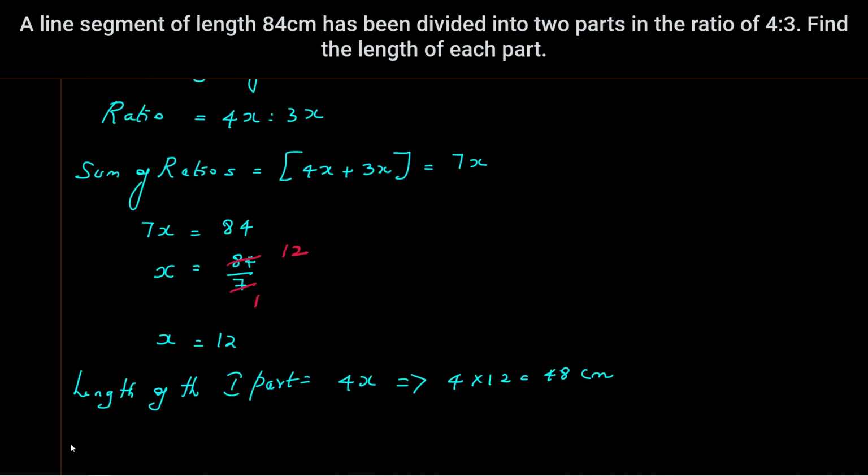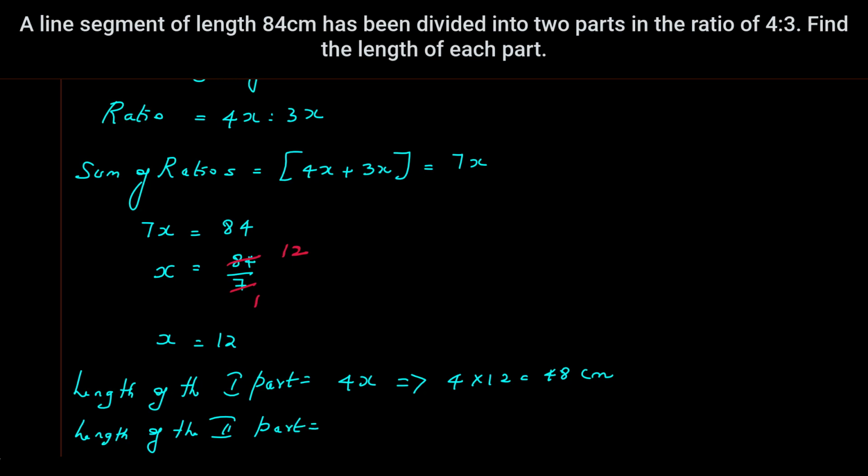Now let's calculate the length of the second part. So the length of the second part is equal to 3x, that is 3 into 12. So 12 threes are 36 centimeters. When we sum up, the total has to be equal to the total length.